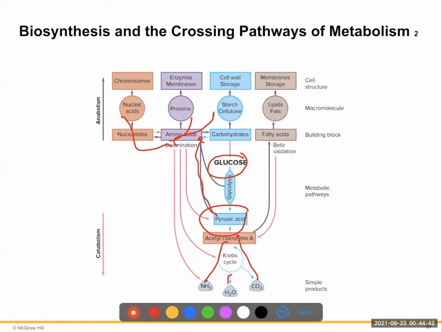Okay, the coenzyme A can run through the Krebs cycle, or you can come back up and make fatty acids. So some of the intermediate steps that we use can go to build the things that the cell needs also. It doesn't have to completely go through to produce energy. It can be diverted. That's what I mean by bidirectional. Okay, so as you're making things, some of the products can be diverted out of our energy production to give us nucleic acids, proteins, starches, lipids, depending on what the body needs.